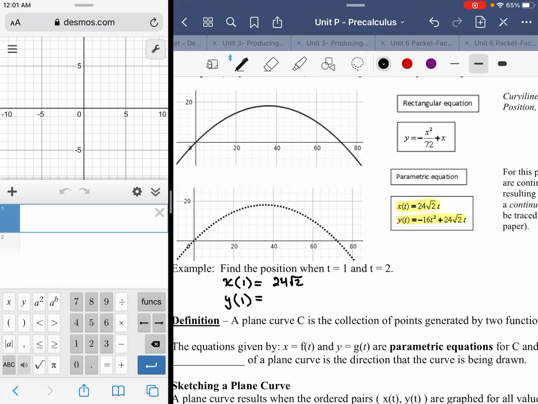If I plug in a 1, I'm looking at 24 radical 2. And if I plug in a 1 for the y equation, it's going to be negative 16 plus 24 radical 2. So my position would be 24 radical 2, comma, negative 16 plus 24 radical 2.